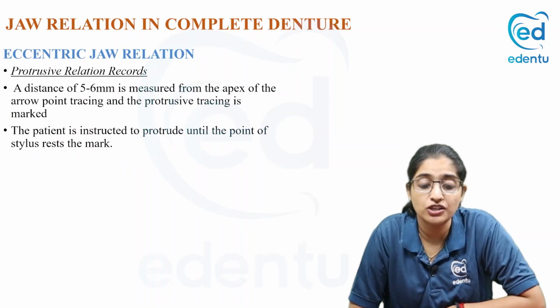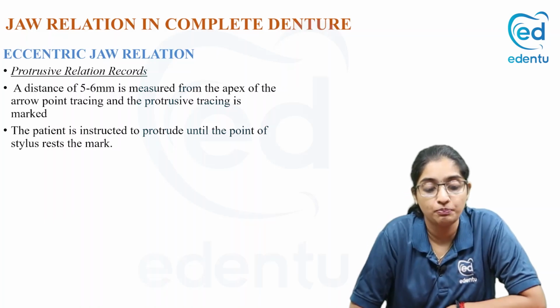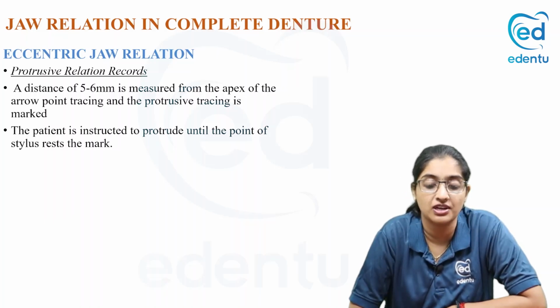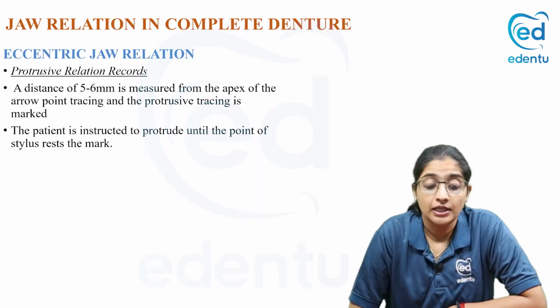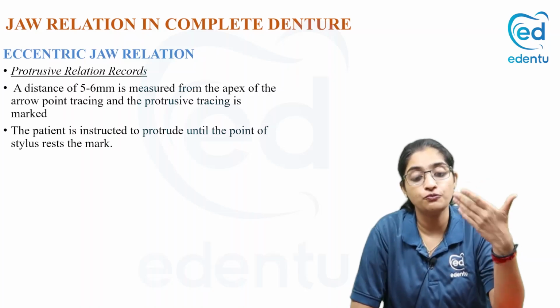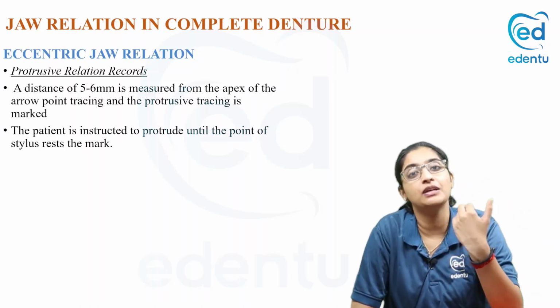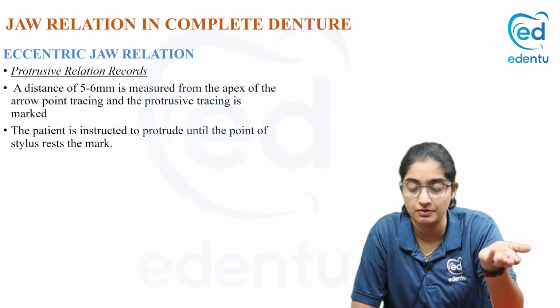A distance of 5 to 6 mm is measured from the apex of the arrow point tracing and the protrusive tracing is marked. The patient is instructed to protrude until the point of the stylet rests on the mark. It cannot go beyond 5 to 6 millimeters because you cannot push your mandible further.